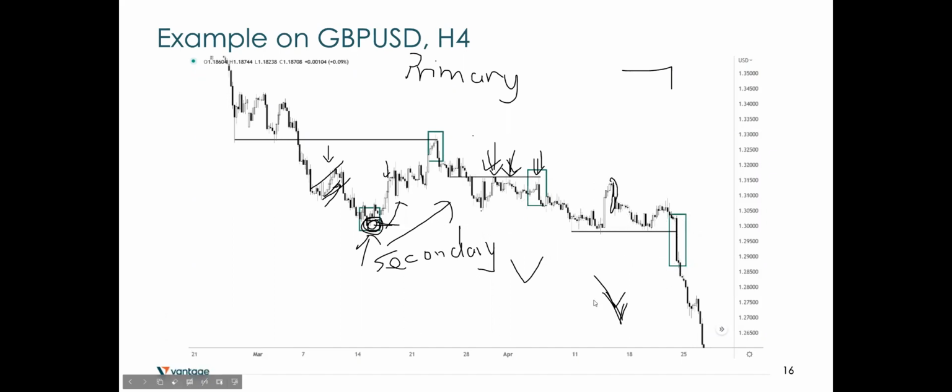Again, if you're entering at this point in time, you're not late, just that there are many opportunities for you to enter based off these candlesticks. And then once it broke past this level, there's no reason for you to actually be buying this pattern here. Okay, and so it goes down even further.